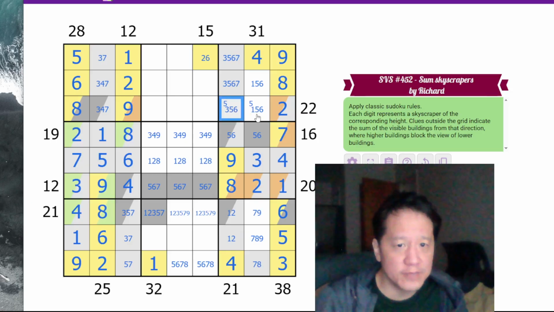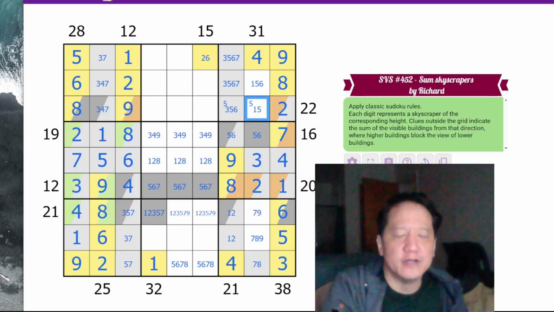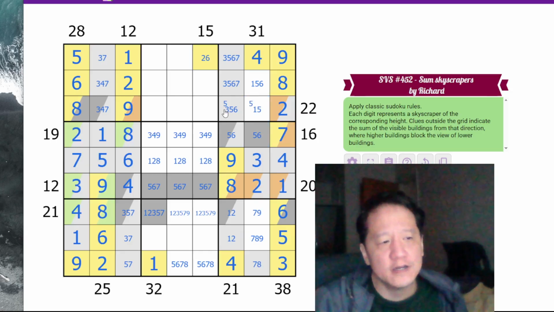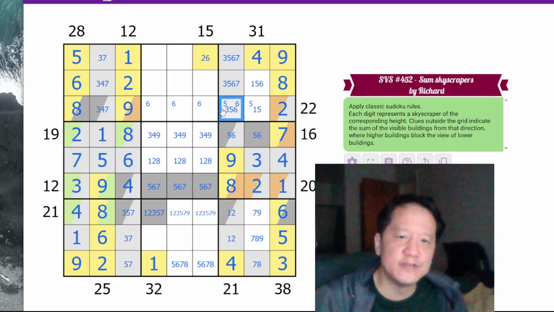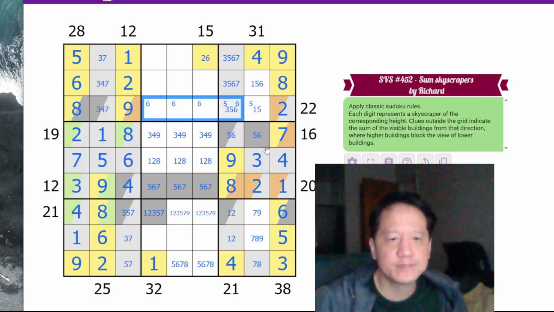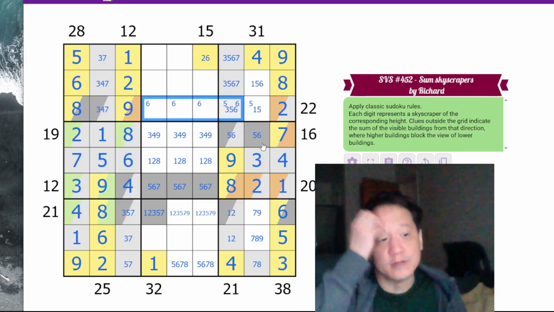It could be 5, 6 also. So this can't be 6. But either way, this is either 1, 5, because it doesn't see the 1, and then it would see the 6 later. So it does see the 6 somewhere here. It sees the 5, and then it sees the 6. Essentially is what it has to be.